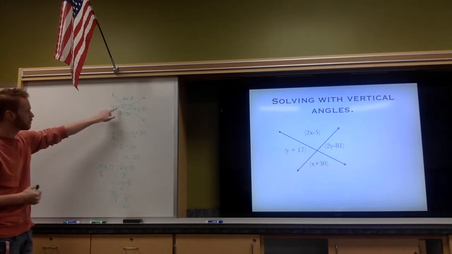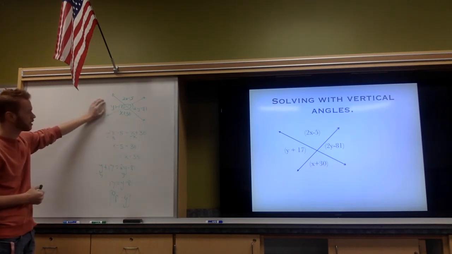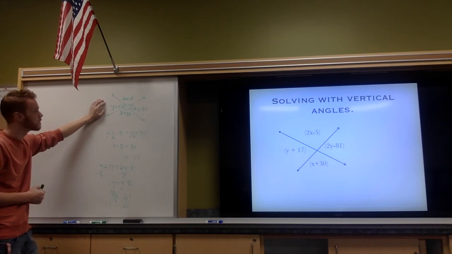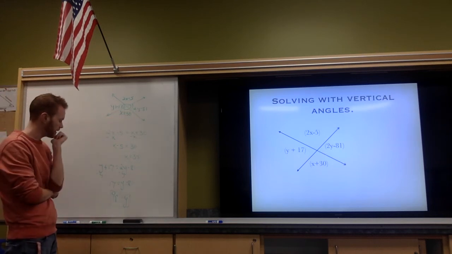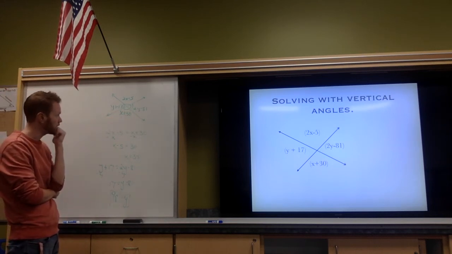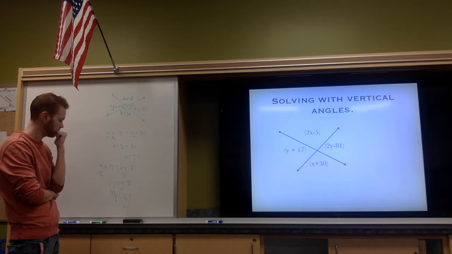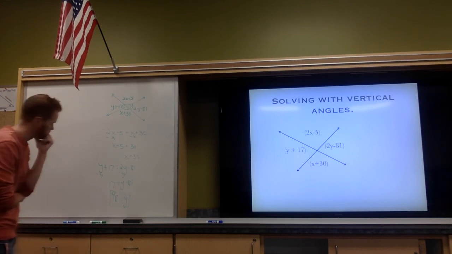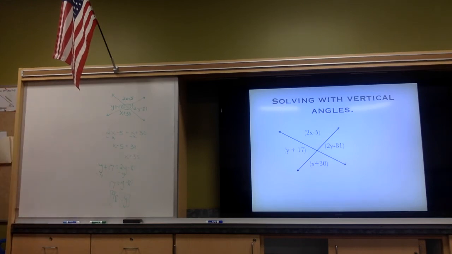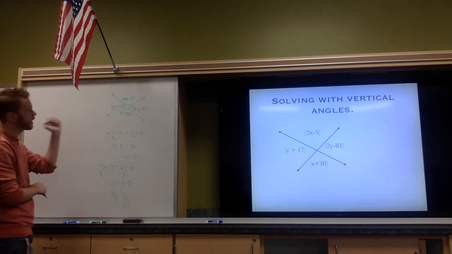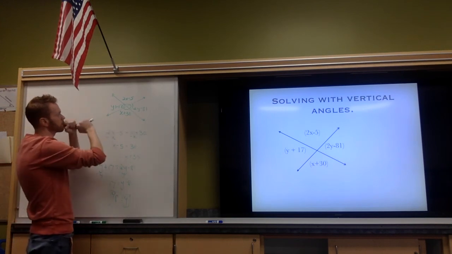So 98 plus the 17, 115. 2 times the 98 minus the 81, I think that gives me 115, right? That'd be 196 minus the 81? Yeah, that'd be 115. So now, these are the same.